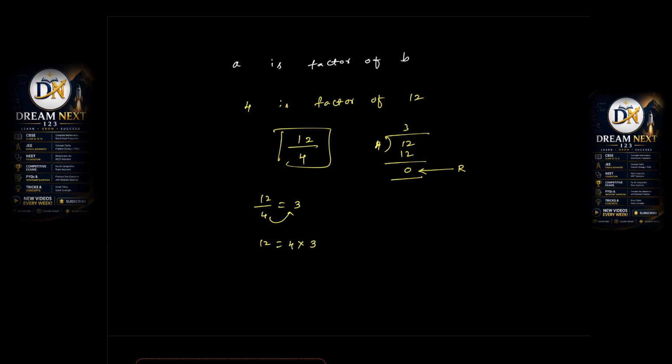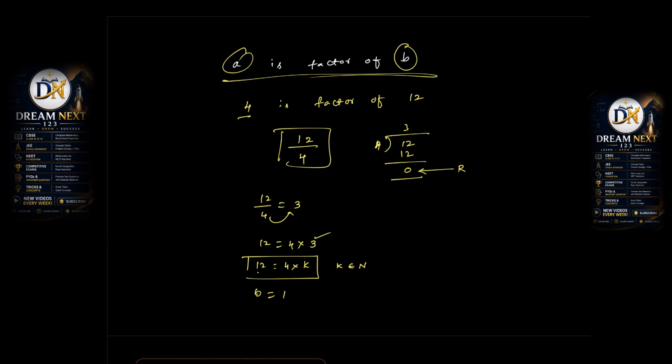In general, instead of writing 3, I will write some k, where k belongs to the natural numbers. Similarly, in general, b is equal to a into k, where k is some natural number, with a in place of 4.